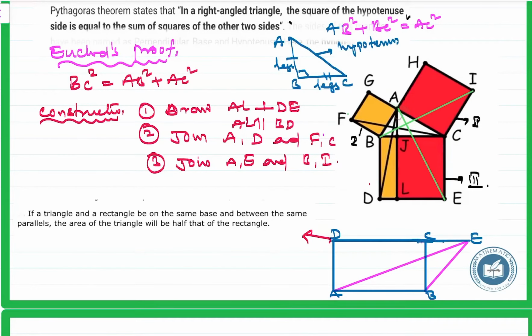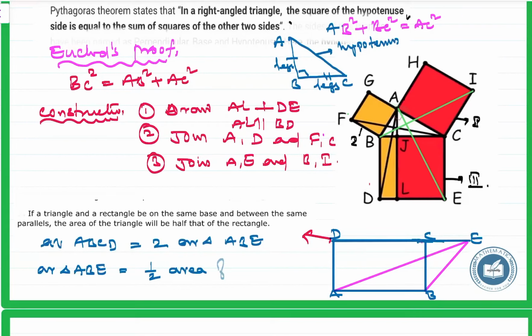How can we write this? Area of rectangle ABCD is 2 times the area of triangle ABE, or in other words, area of triangle ABE is half of the area of rectangle ABCD.